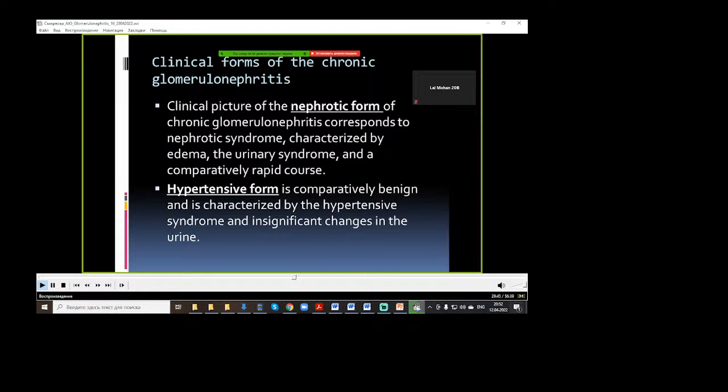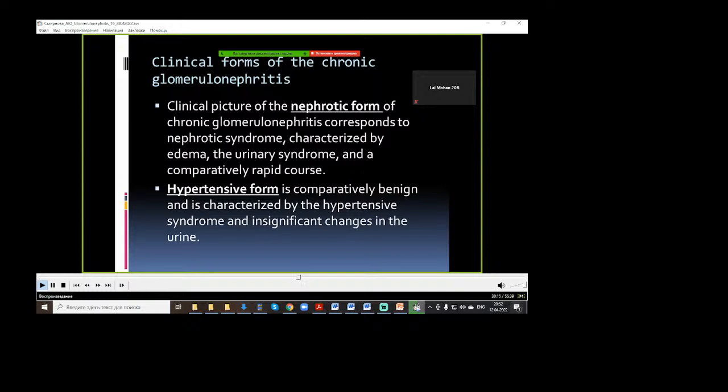The clinical picture of the nephrotic form of chronic glomerulonephritis corresponds to nephrotic syndrome. This syndrome is characterized by edema, urinary syndrome, and a comparatively rapid course. So you must revise your knowledge from the previous semester about nephrotic syndrome in order to know the clinical presentation of this form of chronic glomerulonephritis.